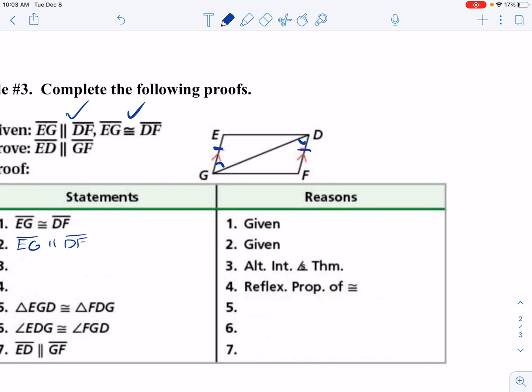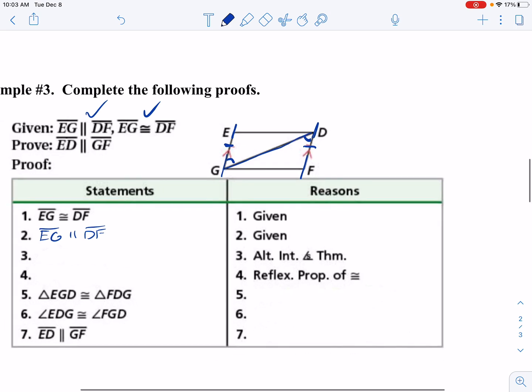Remember, alternate interior angles need to touch the parallel lines and the transversal, which they do. So we would state angle EGD is congruent to angle FDG because of the alternate interior angles theorem.